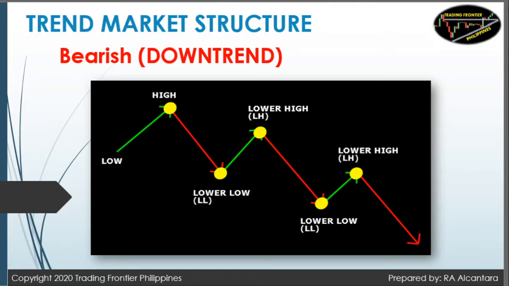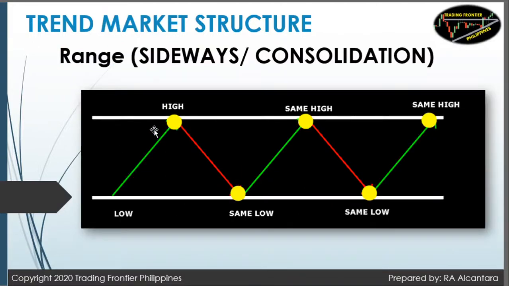All right. So the third is we have the range, sideways, or consolidation market. Normally this implies that a market doesn't have a clear direction whether it is going higher or going lower.